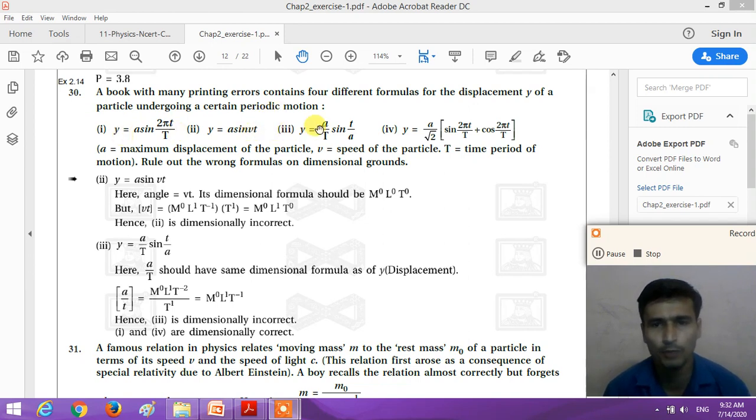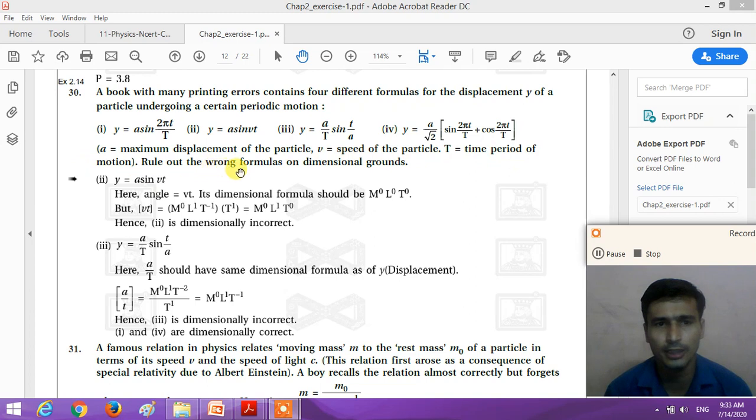There are 4 formulas given to you. y is equal to a sin 2 pi t by capital T, y is equal to a sin vt, third y is equal to a by t sin t by a, y is equal to a by root 2 sin 2 pi t by capital T plus cos 2 pi t by capital T, where a is the maximum displacement of the particle, v is the speed of the particle and T is the periodic time of the motion.